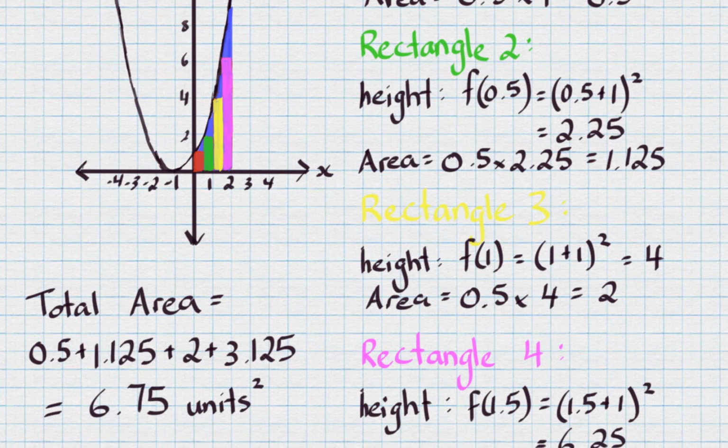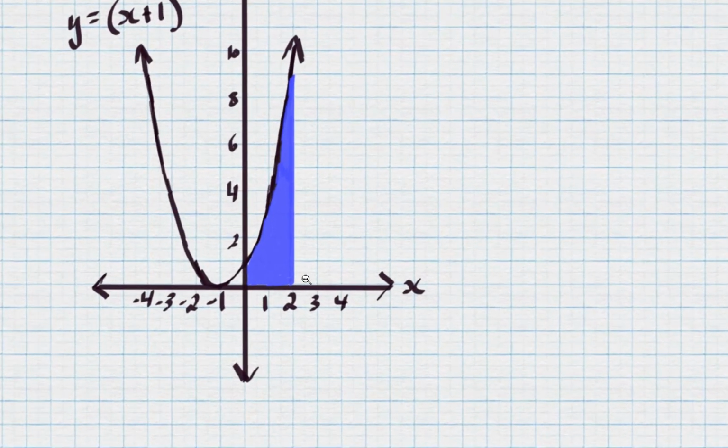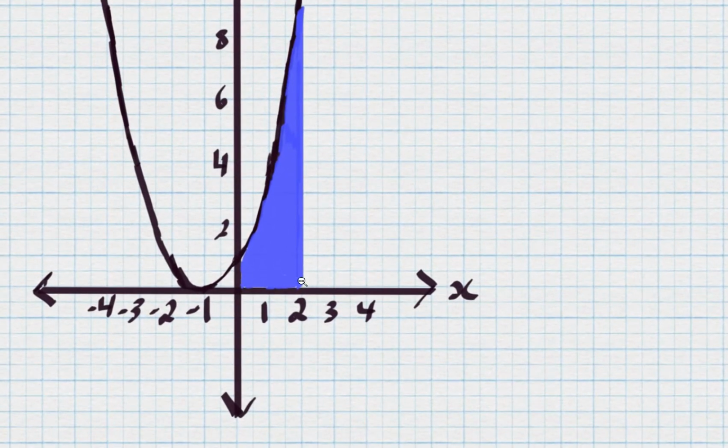Let's have a look at part B now, where we're going to use outer rectangles. Once again, because we're using 4 rectangles, each rectangle will have a width of 0.5. But starting from the right hand side this time, so x equals 2, we draw our first rectangle by going right up to the curve, and then going across from there so that our rectangles lie above the curve.